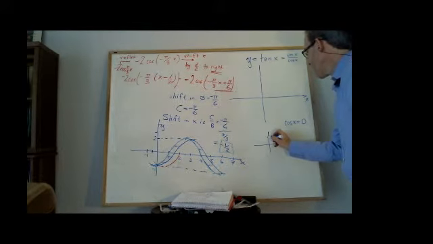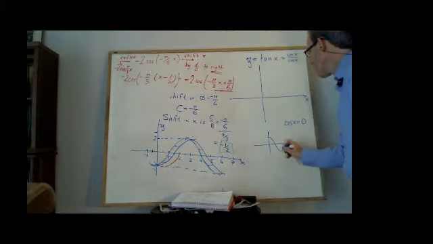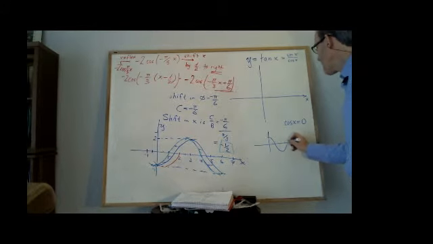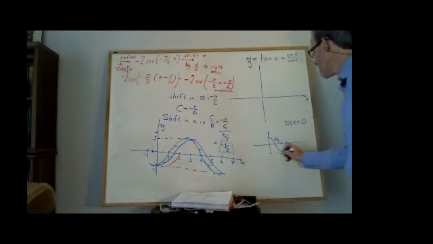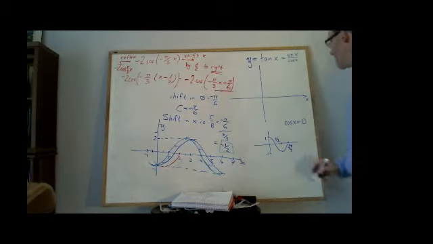You start off at 1, but you go down to 0 at pi over 2. At pi, it's equal to minus 1. You go back to 0 at 3 pi over 2. So it's going to be at pi over 2 plus or minus any multiple of pi.